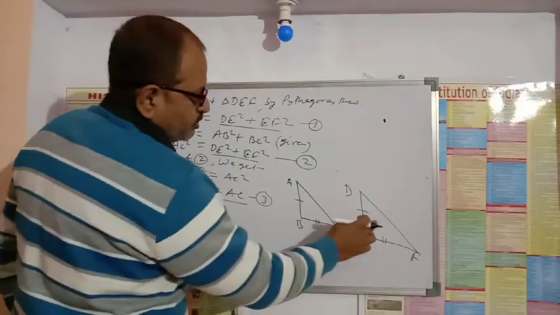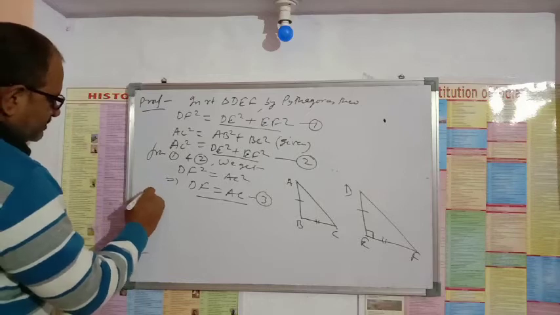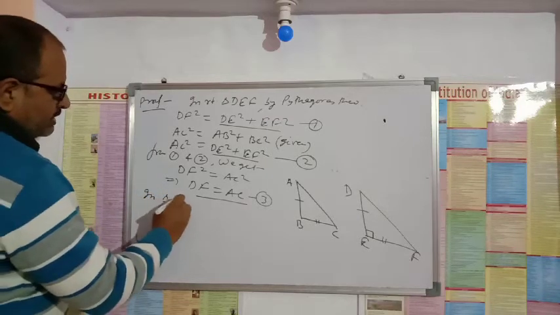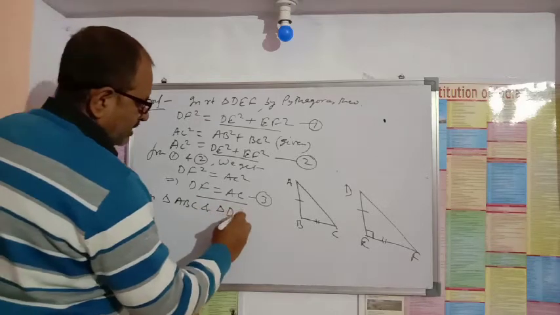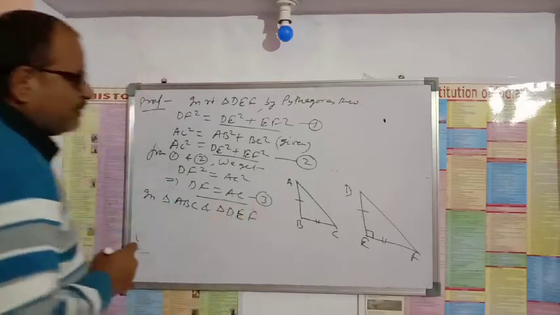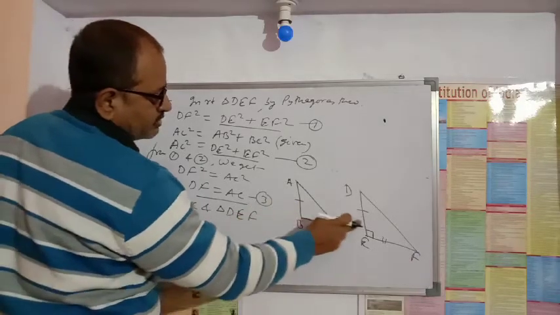Now prove these two triangles congruent. In triangle ABC and triangle DEF, how can we prove it congruent? AB is equal to DE.